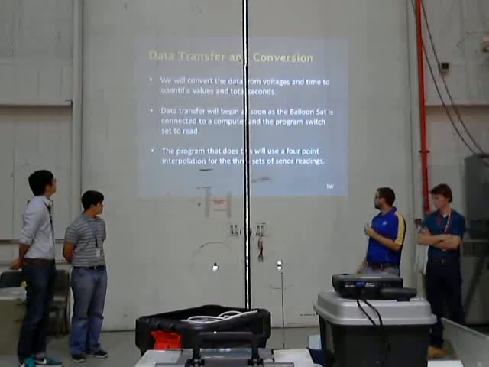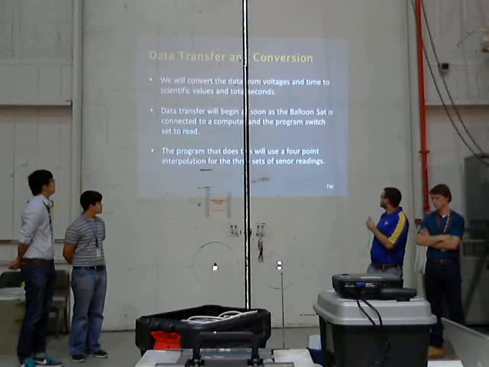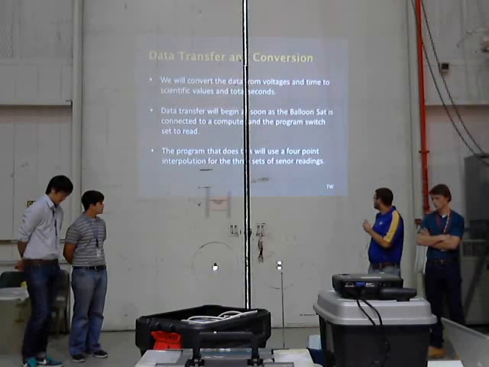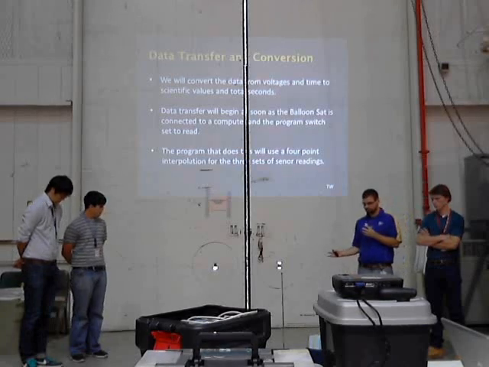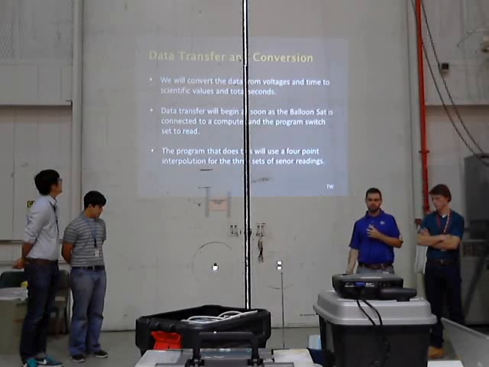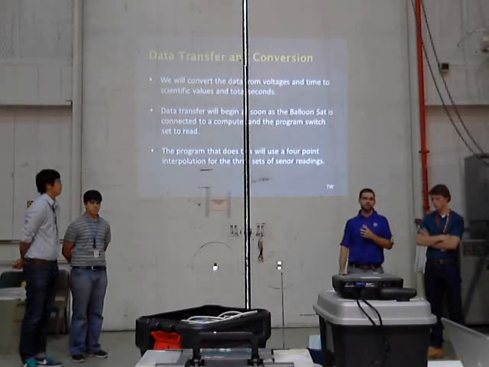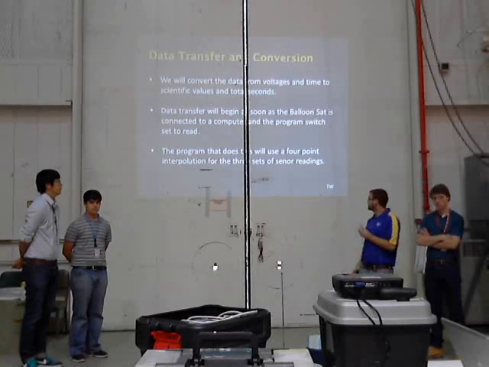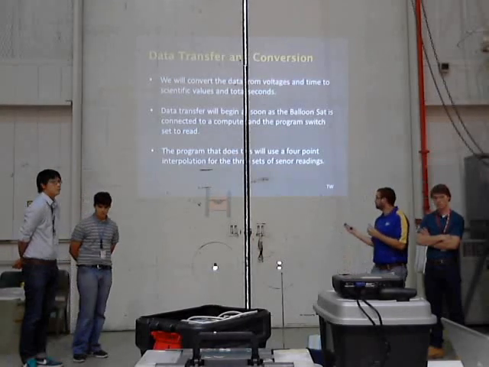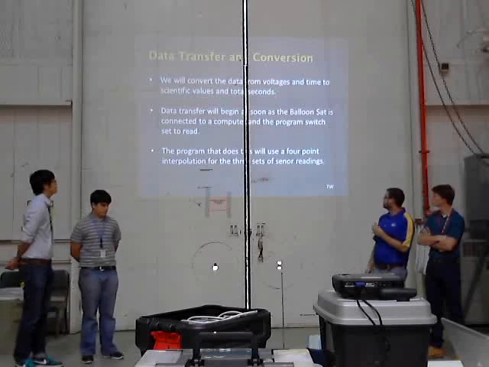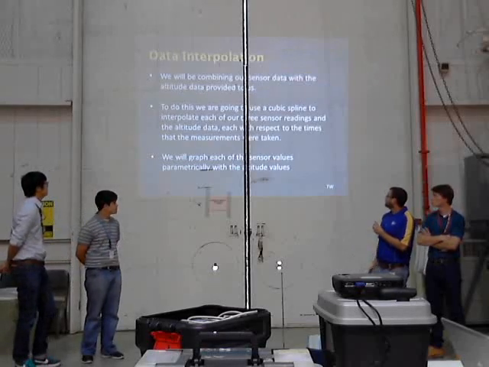We're going to use a 4-point interpolation for that, and we're going to convert hours, minutes, and seconds to total seconds. That's fairly straightforward, so I didn't put anything about that up there. Not too hard to do.